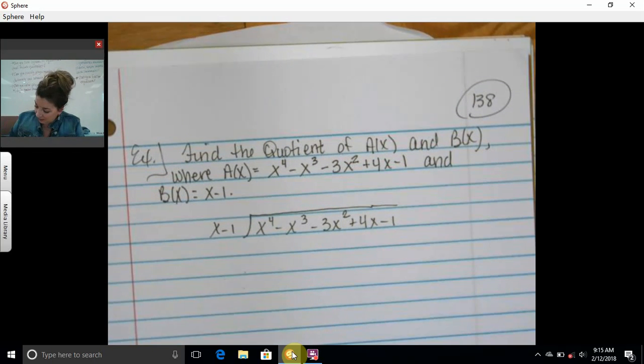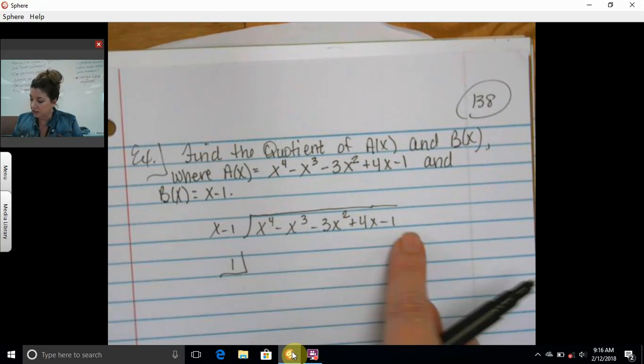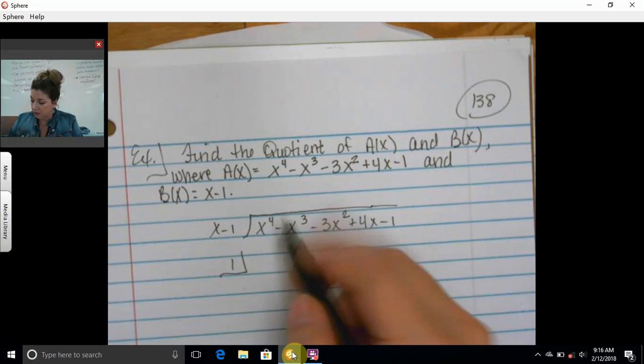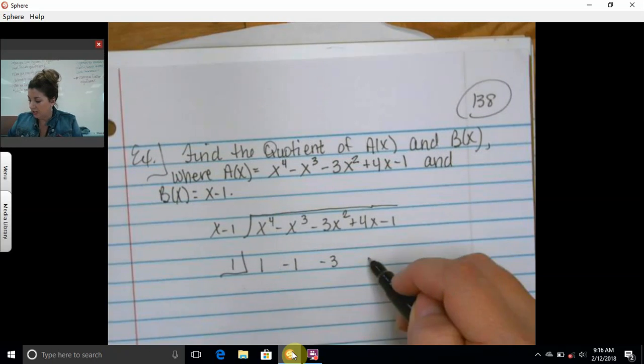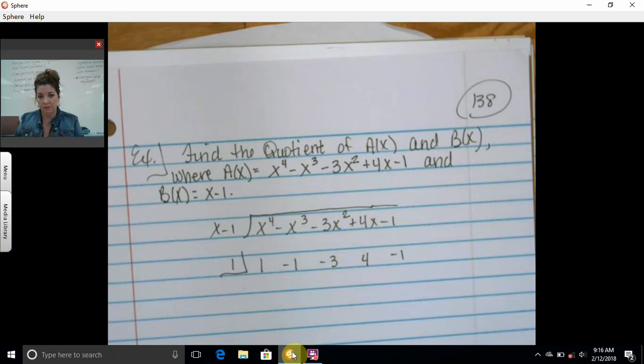Thank you. 1. Change the sign of the number in the divisor, the constant. We said we weren't missing any terms here, so just take the coefficients. So I have a 1, negative 1, negative 3, positive 4, and negative 1. Skip a line and draw a line.